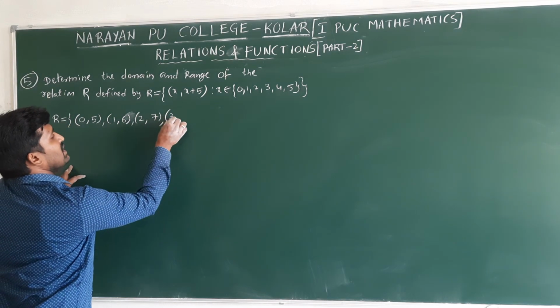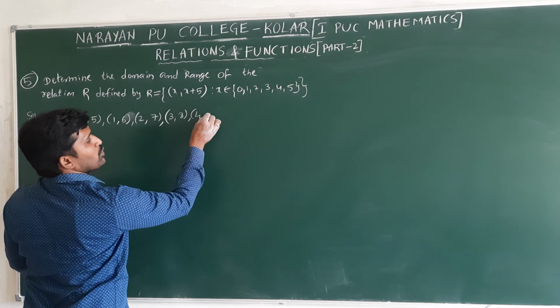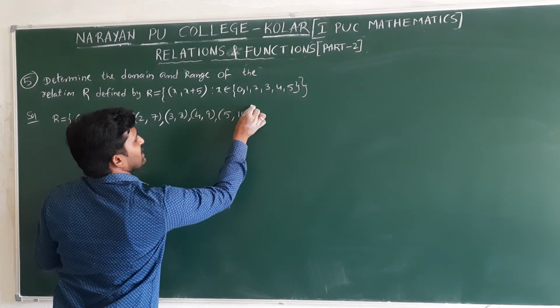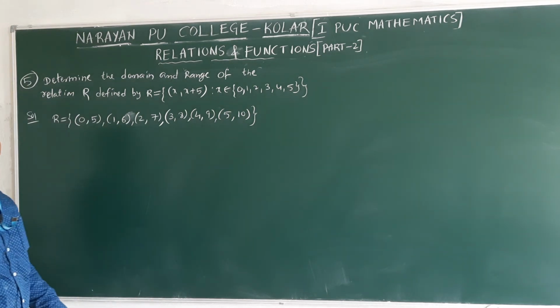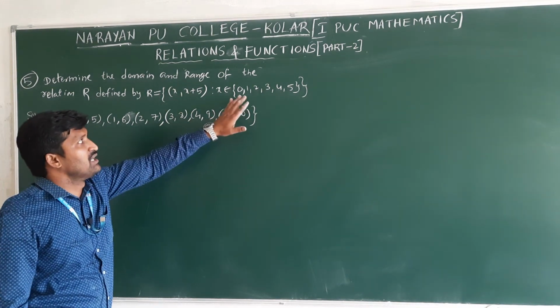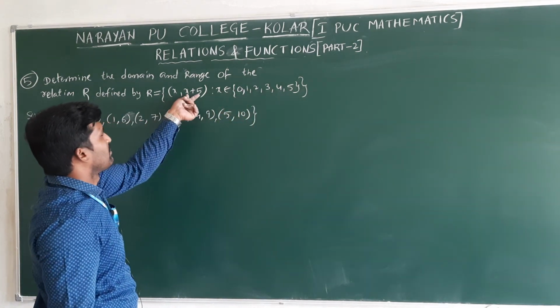Next x value 3, 3 plus 5, 8. X value 4, 4 plus 5, 9. X value 5, 5 plus 5, 10. Okay? Here the second element has no limitation. Whatever x is there from 0 to 5, substitute. From that you will get the second element x plus 5.